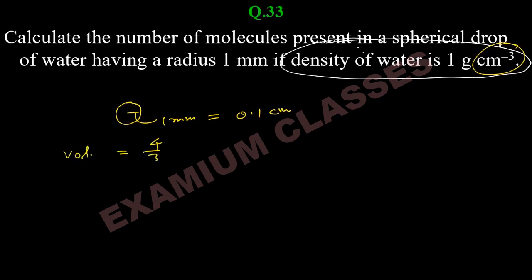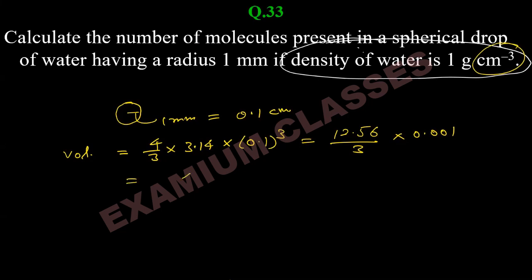Volume will be 4 by 3 pi r cube, 0.1. So it will be 4 into 0.001, right?